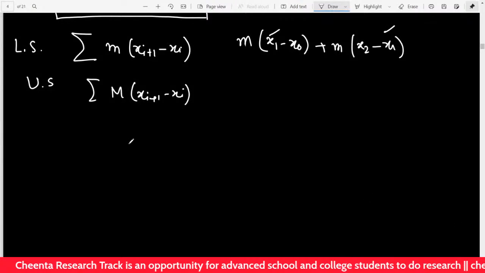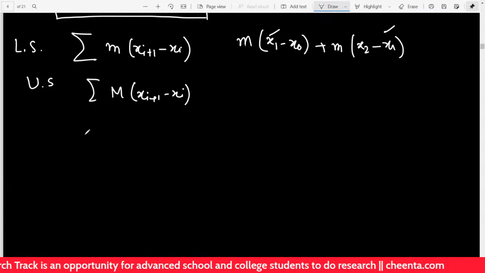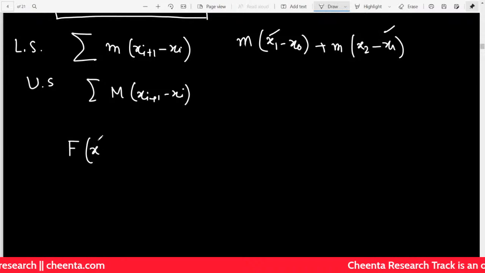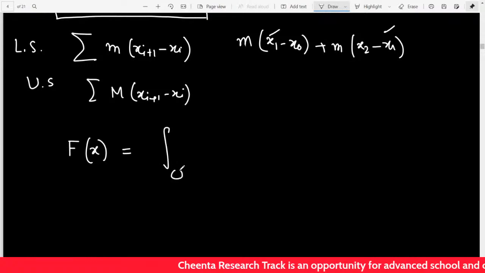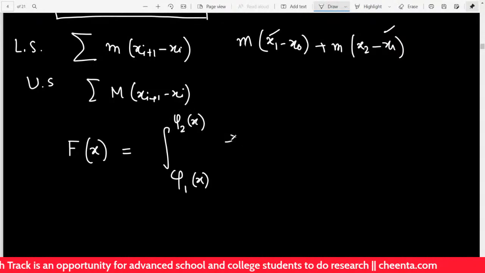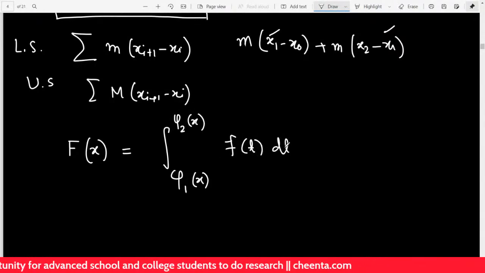All right. Now to top it off, let's say f(x) is given as a differentiable function like this: the integral from phi1(x) to phi2(x) of f(t) dt.